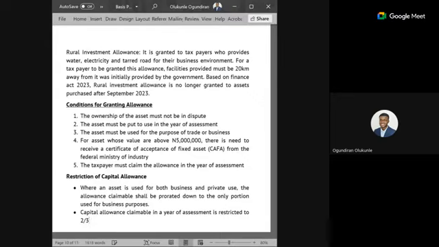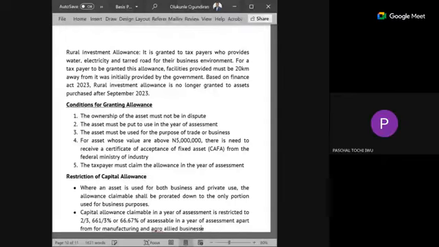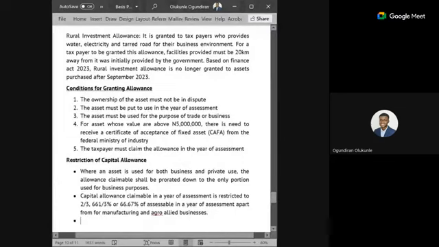So that I don't confuse you, 66 1/3% or 66.67%, they are saying the same thing, of assessable profits in a year of assessment, apart from manufacturing and agro-allied business. That's one thing we want to also note.